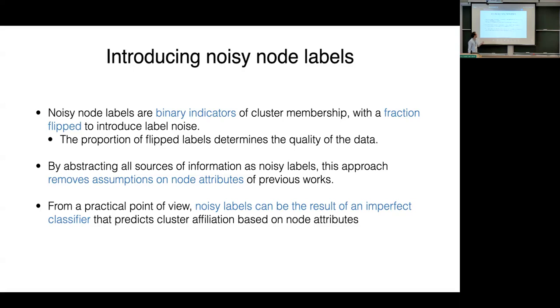And for those who may be thinking that this is not much connected to practice, from a practical perspective, we can simply see those noisy labels as a result of applying an imperfect classifier over just the features, trying to determine that cluster membership, that cluster that we're trying to recover.